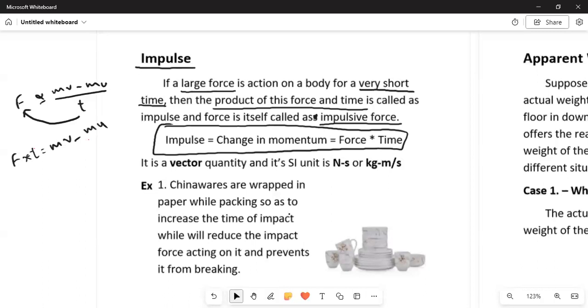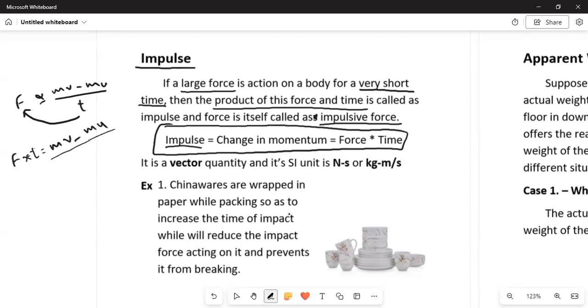This is our change in momentum, and this force into time is equal to impulse, and impulse is also equal to the change in momentum. See, this mv minus mu is the change in momentum, which we also discussed in the second law of motion, and this change in momentum is equal to force into time.